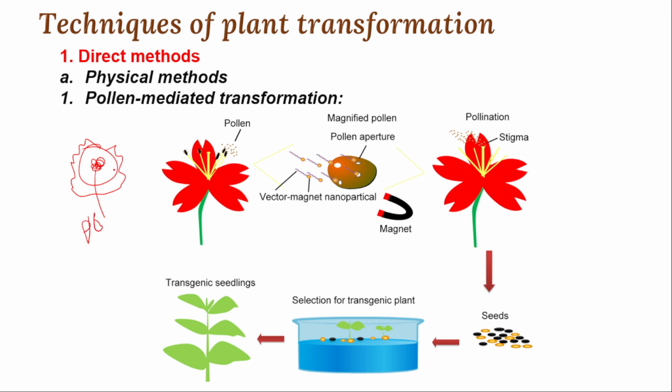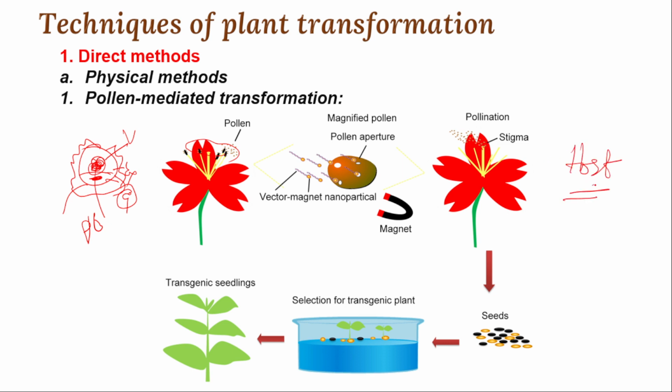This pollen grain contains exine, intine, and the internal nucleus. It has a vegetative part and a generative part. The vegetative part has a vegetative nucleus, the generative part has a generative nucleus, and we need to target the generative nucleus in such a way that the desired trait is inserted into it. This genetically modified pollen grain is then sprinkled onto the hand emasculated stigma of the desired host plant.